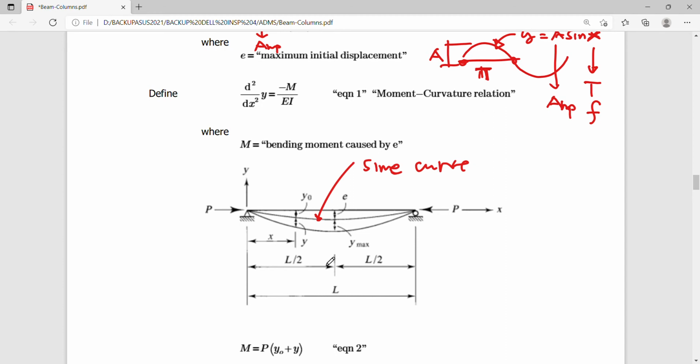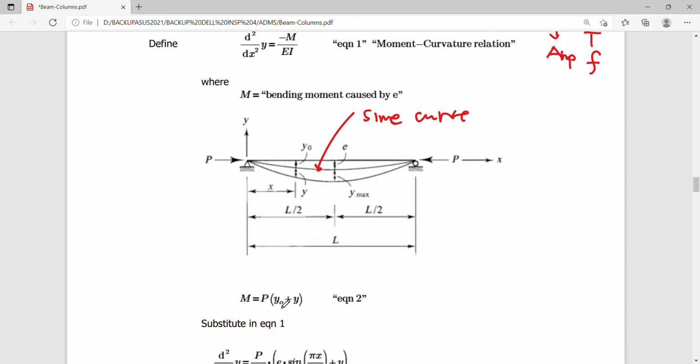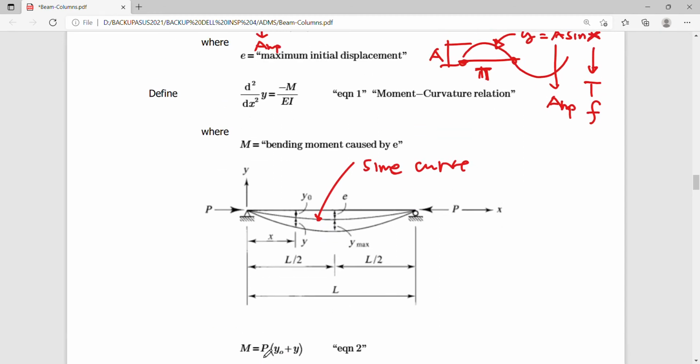So your moment equation now becomes P times the total deflection, Y0 plus Y here. So this is P quantity Y0 plus Y at this point.